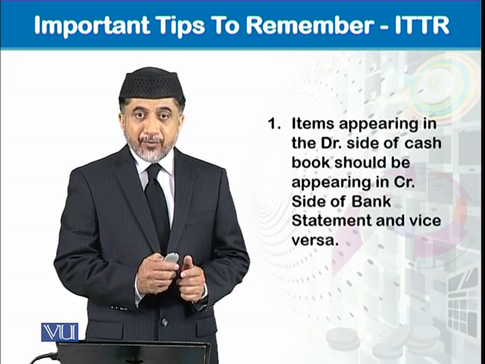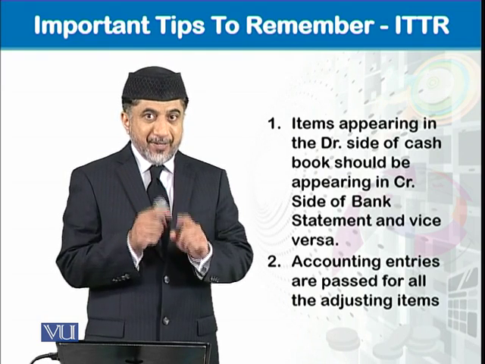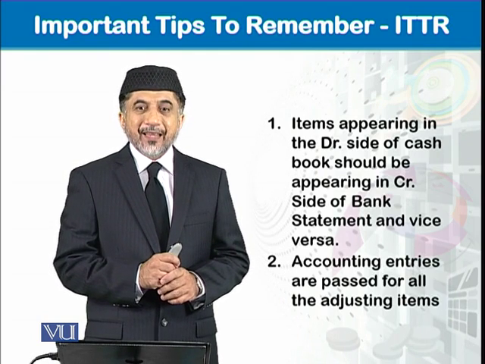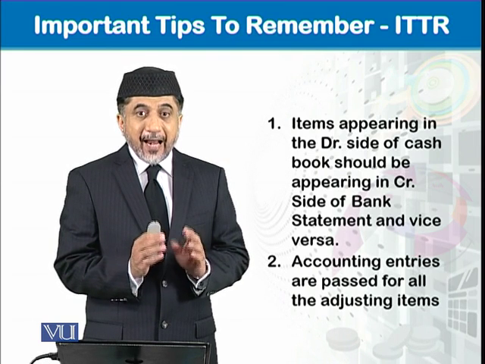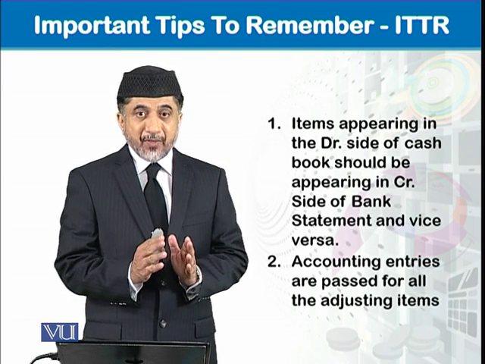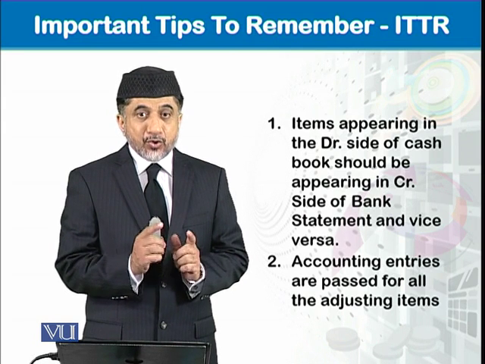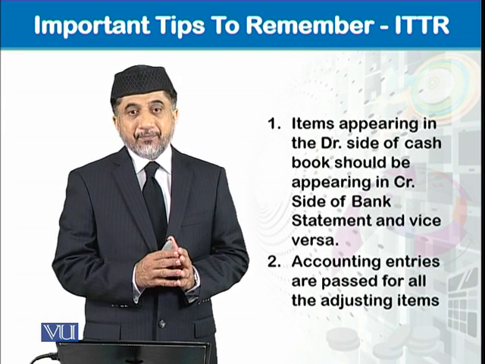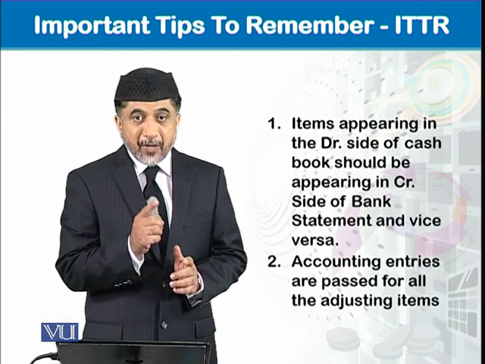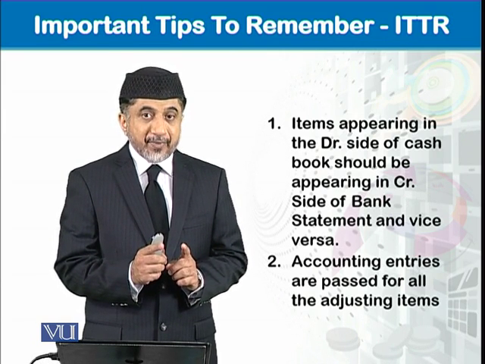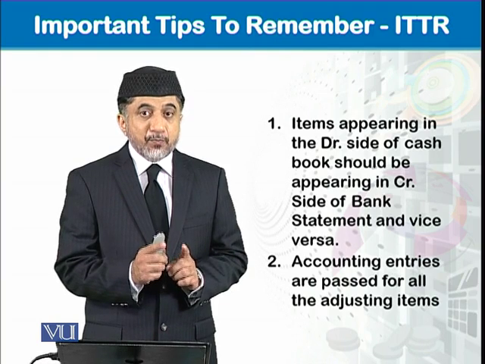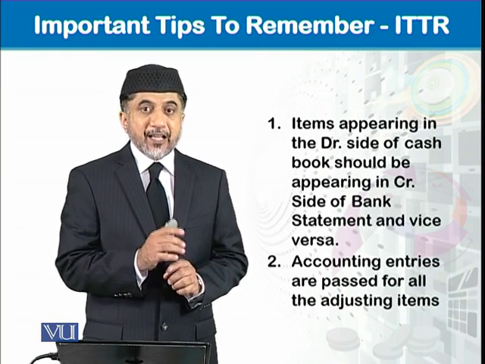And the second very important tip to remember for this module is that all the adjusting items should be accounted for. Means you should pass accounting entry for all those items for which you prepare adjusted cash book.